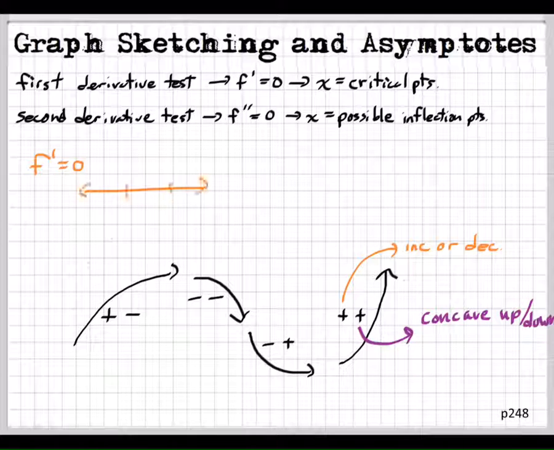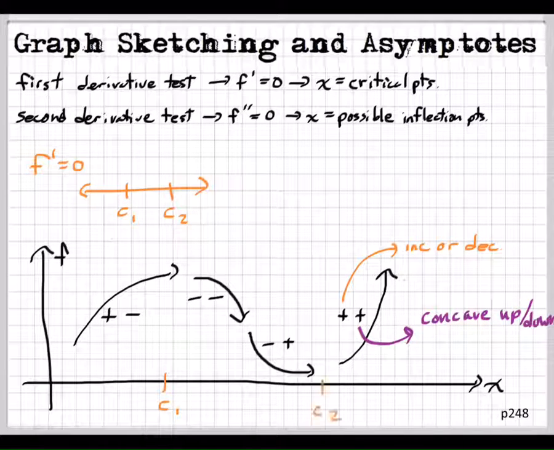Alright, so how do we relate this to our first derivative and second derivative tests? Here we have our first derivative test. After we find our x values where our critical points are, we normally would do something called a sign line graph. We put these x values on an x-axis, and then we plug in points from each interval to see if the curve that we're trying to graph is increasing or decreasing.